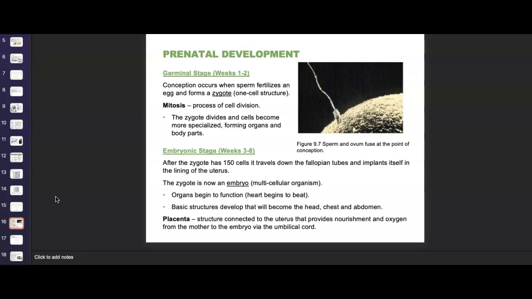Embryo stands for multicellular organism. You can begin to see organs function in this embryonic stage, and this is when you can begin to hear the heartbeat. Basic structures develop that will become the head, the chest, and the abdomen. And the placenta begins to form, a structure connected to the uterus that provides nourishment and oxygen from the mother to the embryo via an umbilical cord.